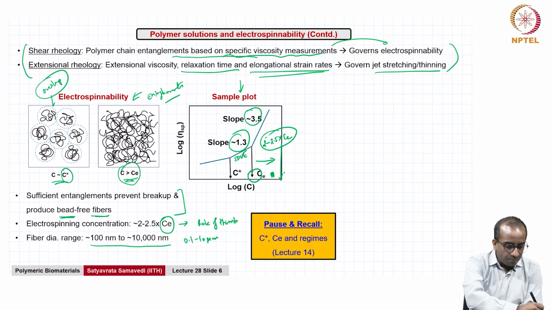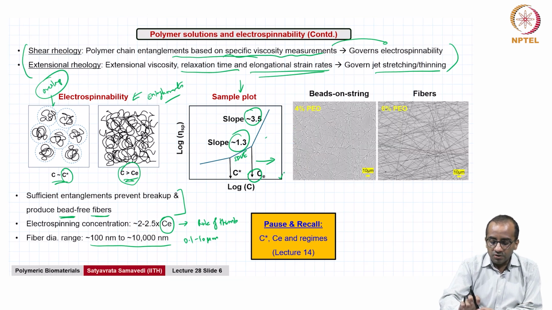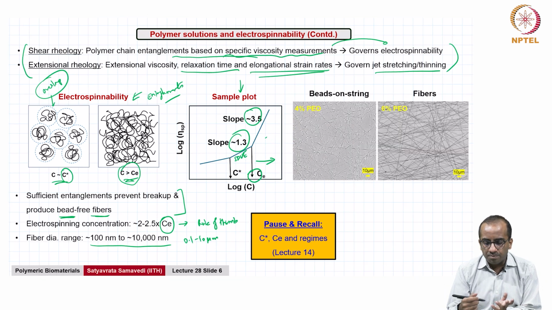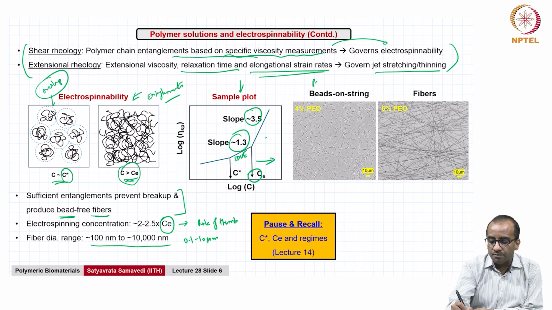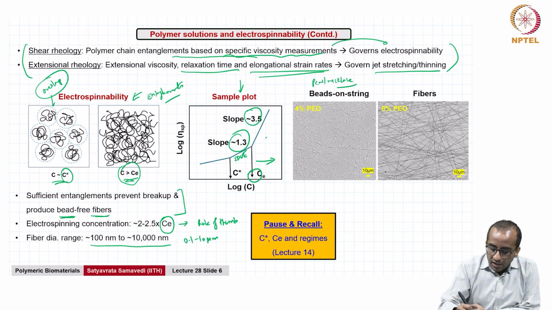But if you are below, what you can end up getting is a beads on a string kind of morphology, sometimes called a pearl necklace morphology, where you see there are fibers and then there are these little beads that show up.